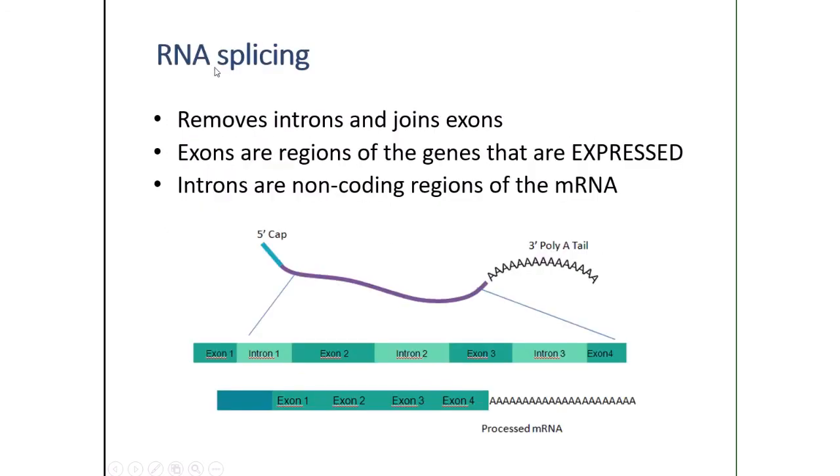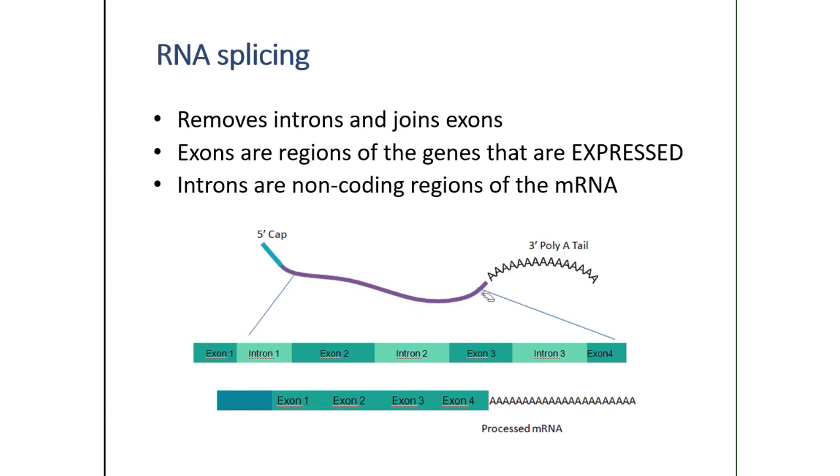In RNA splicing, what happens is you will be removing introns, which are regions of DNA that don't encode for anything, and then you will be joining the rest of them together, and the rest of it are going to be called exons. So exons are the regions of genes that are going to be expressed. They are the regions of genes that actually contain the instructions to make the proteins.